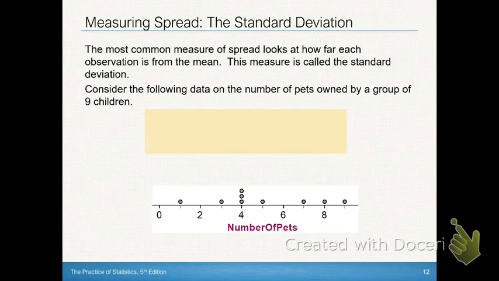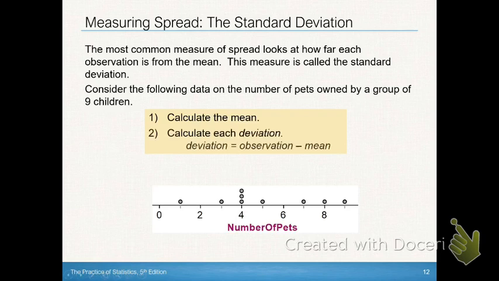If we want to find the standard deviation, the first step is to find the mean. So add up the 9 numbers, divide by 9, and then find each of the deviations. So how far away is each of these 9 values from the mean? And then after that, we'll find an average of it. So for now, here is our mean. Our mean is 5. If we added up these 9 numbers and divided by 9, we'd get 5.